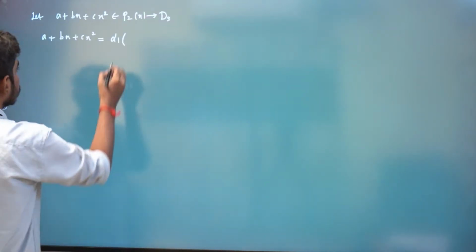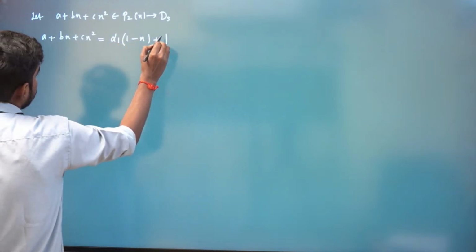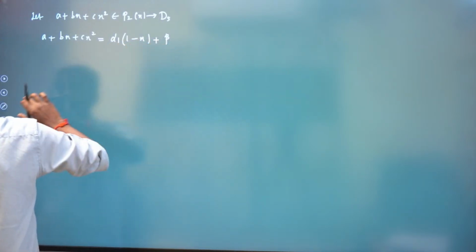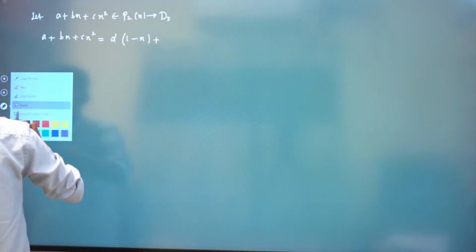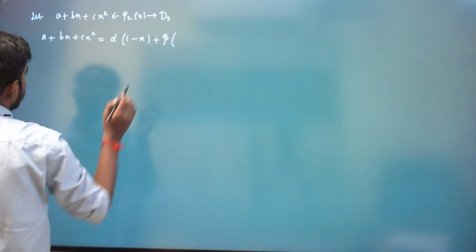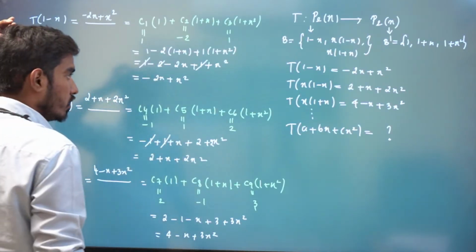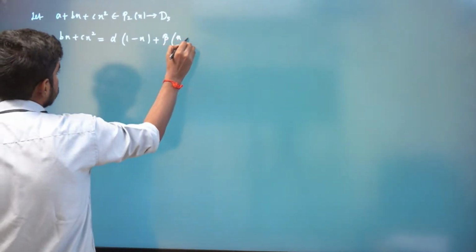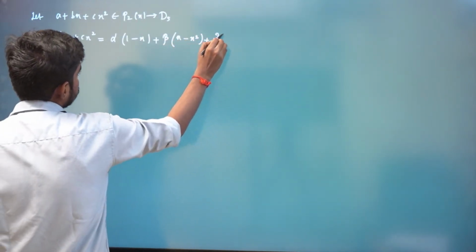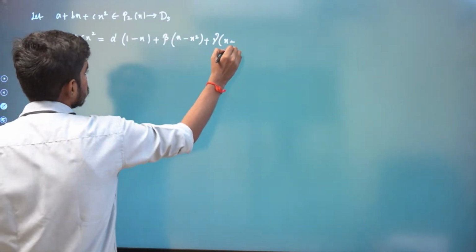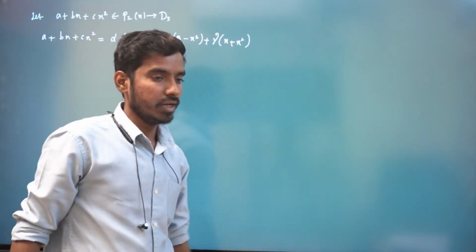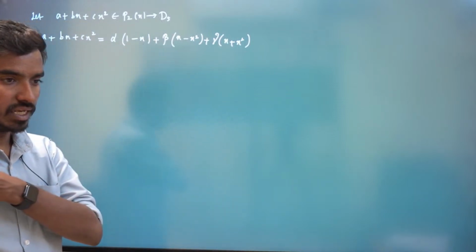The basis vectors for the domain space are 1 minus x, x times (1 minus x), and x times (1 plus x). I'm taking an arbitrary vector in the domain space, which is a plus bx plus cx squared.